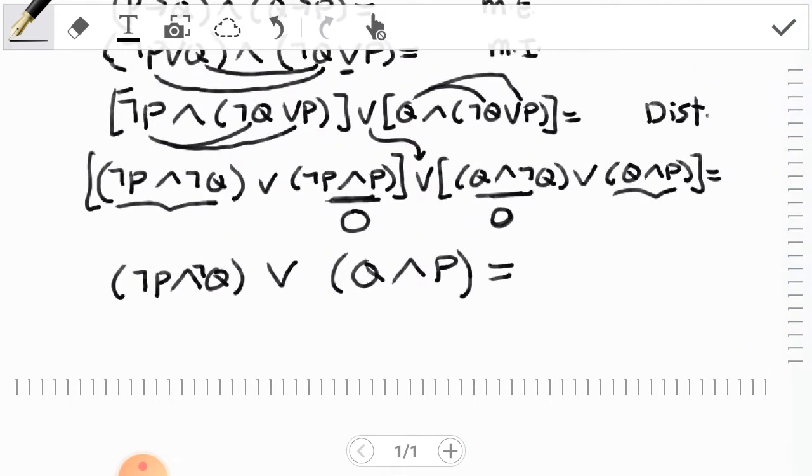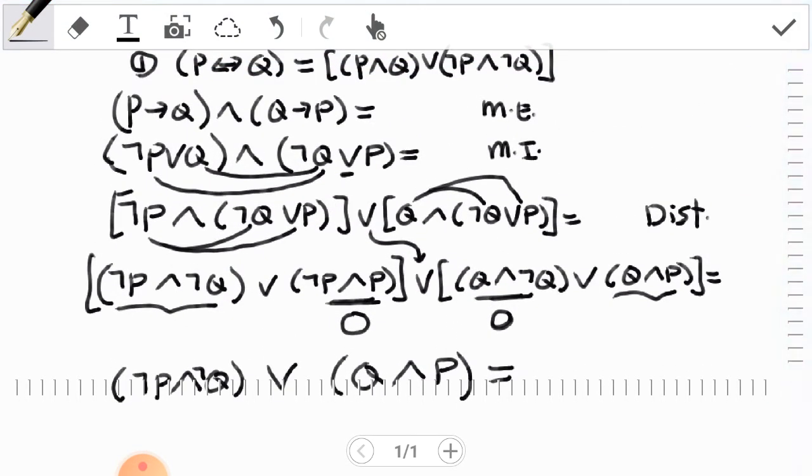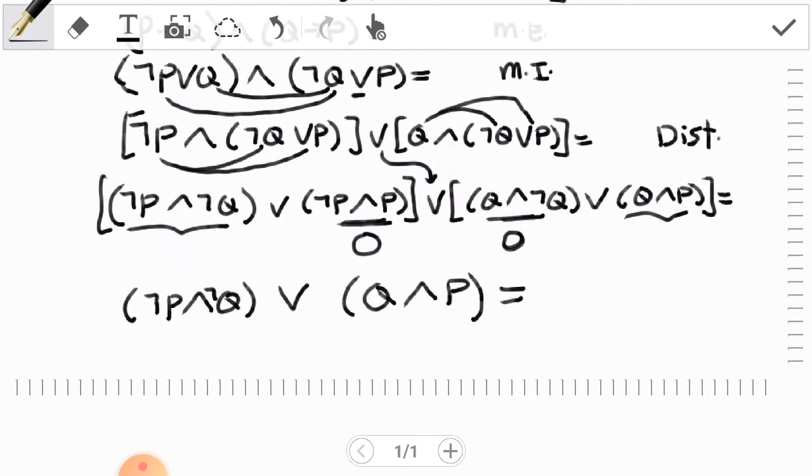So we just used identity here. We have again used identity here. And we're almost there. What's the right side of the equation again? We need P and Q, or not P and not Q. Not P and not Q is already here, or we just interchange the position. What property is that?